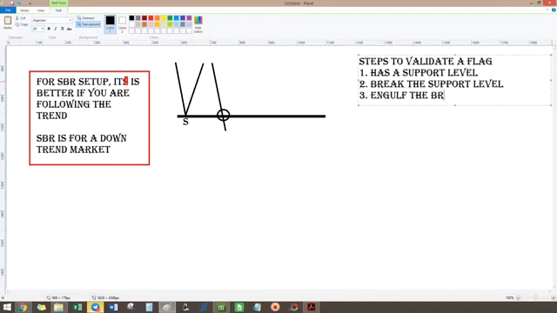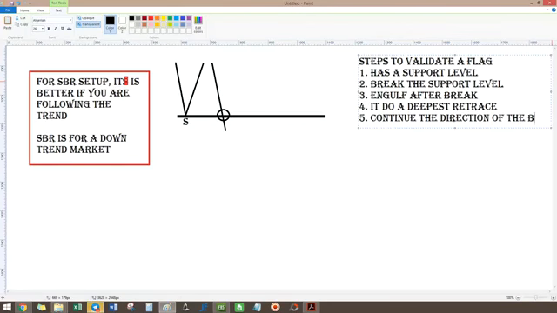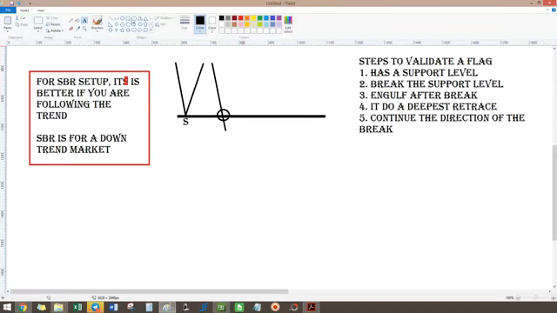Engulf is after the break. Fourth, it does the deepest test. Fifth, continue in the direction of the break. So these are the steps to validate a flag.